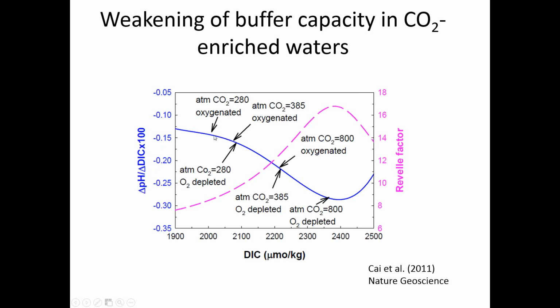In the pre-industrial, it will decrease pH by 0.15, a little bit less than that. And anyway, when we increase CO2, either by adding anthropogenic CO2 or by adding respiratory CO2, this pH decrease will keep increasing until a point where DIC equals alkalinity.